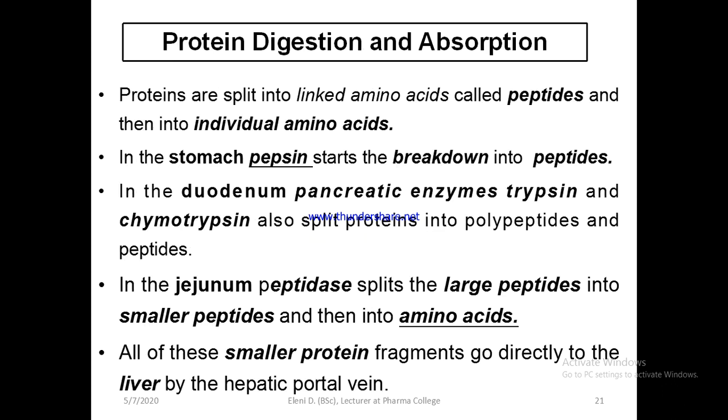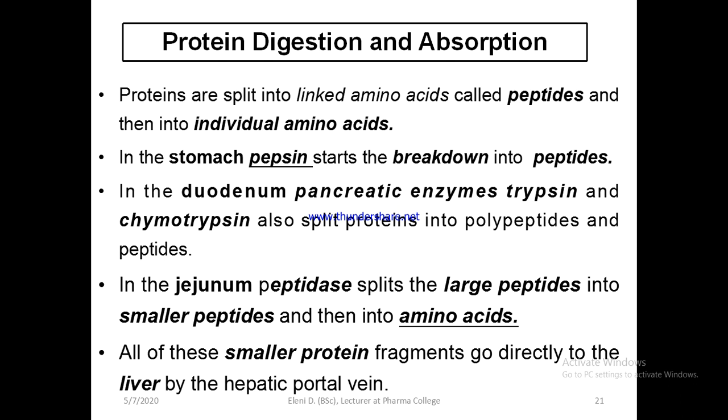Now, protein digestion and absorption. Proteins are split into linked amino acids called peptides, and then into individual amino acids. In the stomach, the enzyme pepsin starts the breakdown of proteins into smaller units called peptides. Then in the duodenum, the first part of the small intestine, the pancreatic enzymes chymotrypsin and trypsin split the proteins into polypeptides and peptides.